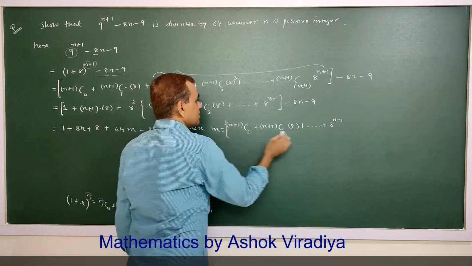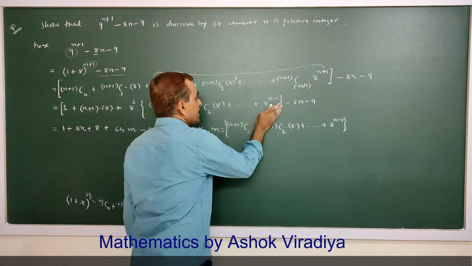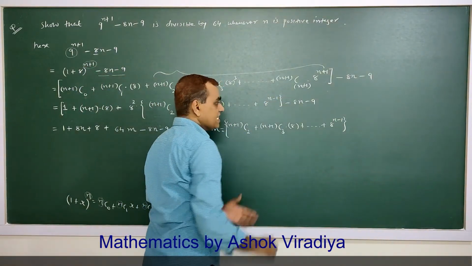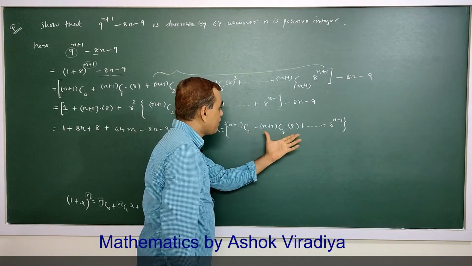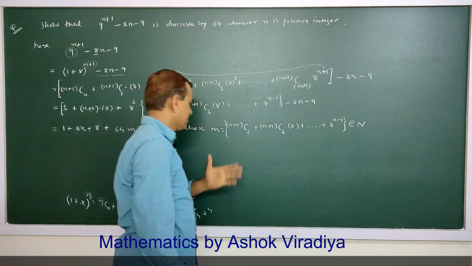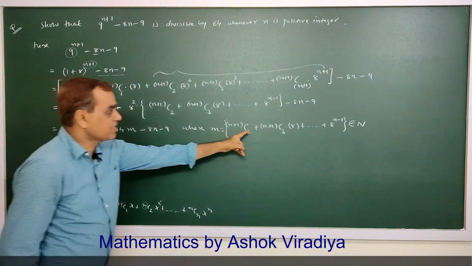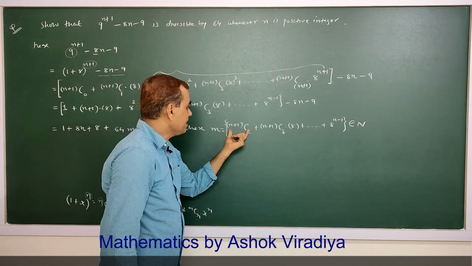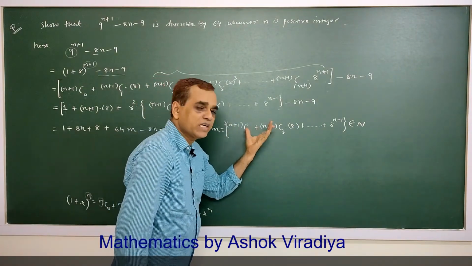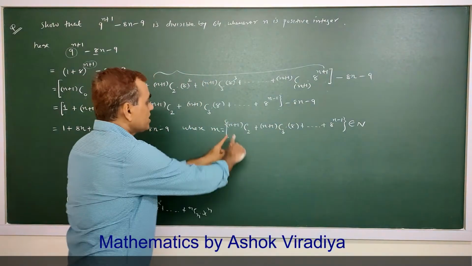This number is a natural integer, it has a natural value, so it belongs to N, it's a natural number. It can be any natural number, because everywhere there is a plus sign, and every such expression nC0, nC1, nC2, nCr has always a natural value. So this has natural value.